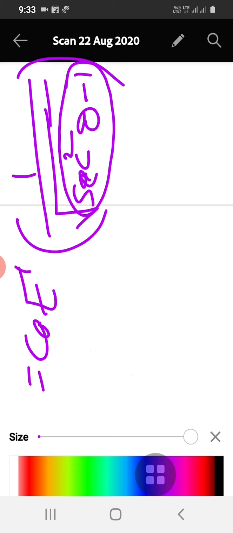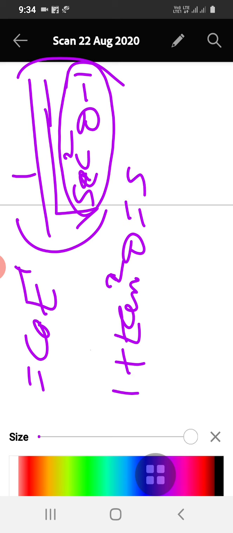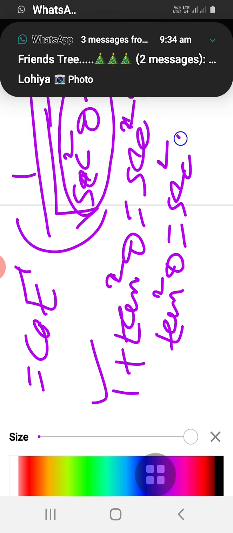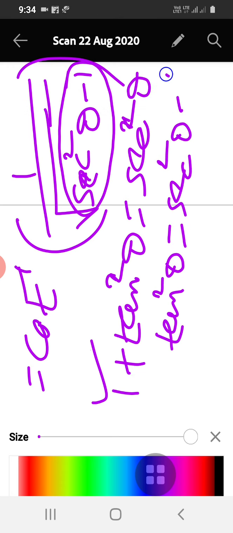We know 1 plus tan square theta is equal to secant square theta. This is a trigonometric identity. So tan square theta is equal to secant square theta minus 1.